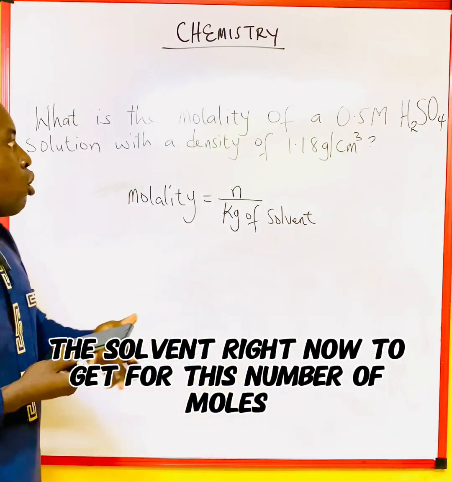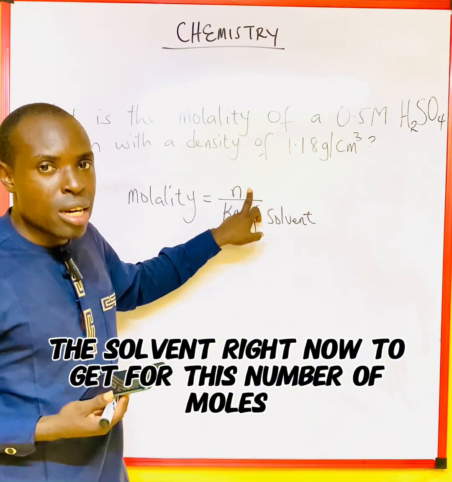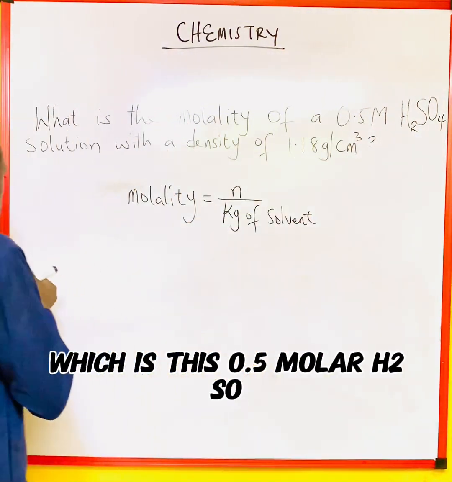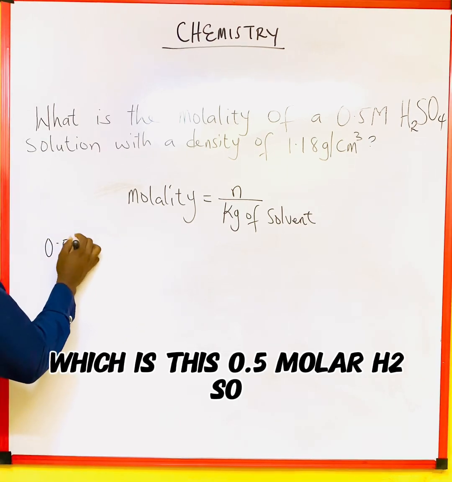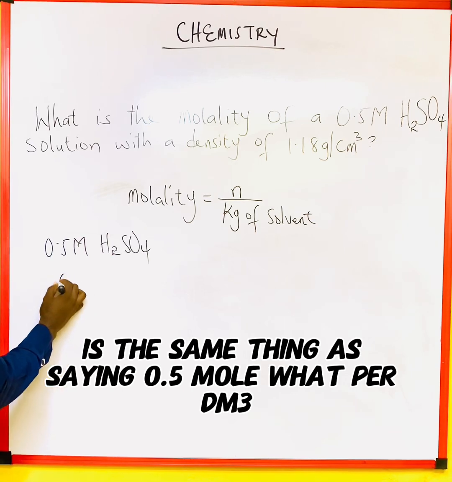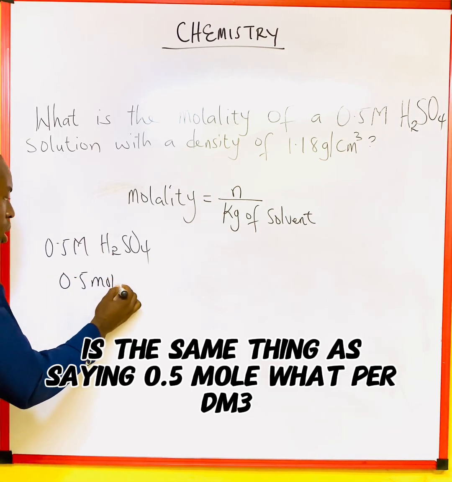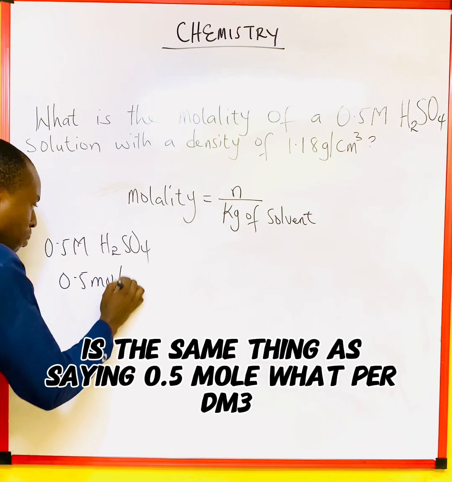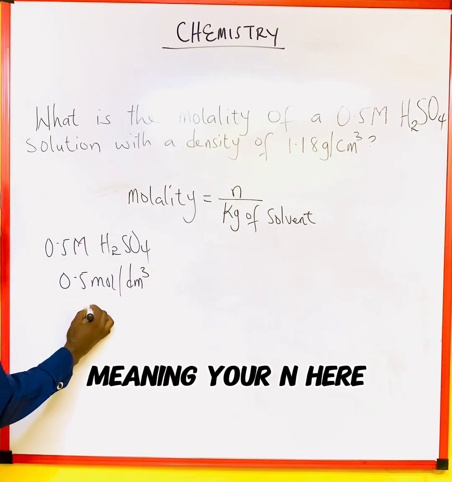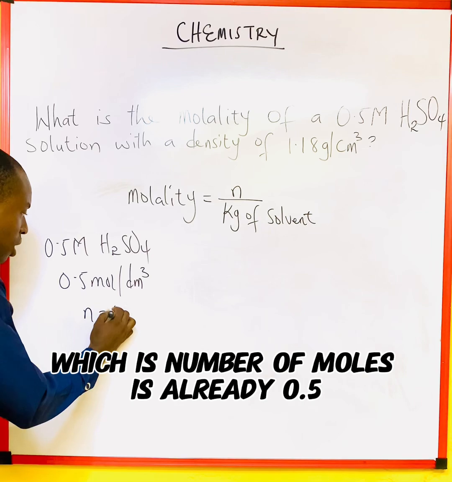Now, to get for this number of moles, remember 0.5 molar H₂SO₄ is the same thing as saying 0.5 mole per dm cube, meaning your n here, which is number of moles, is already 0.5.